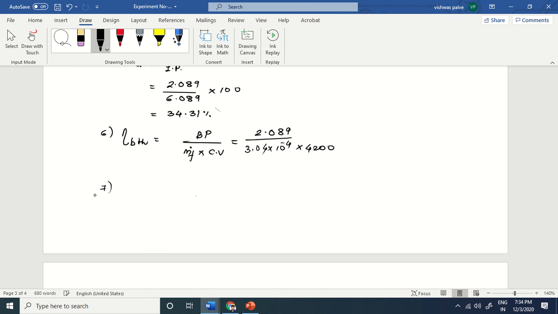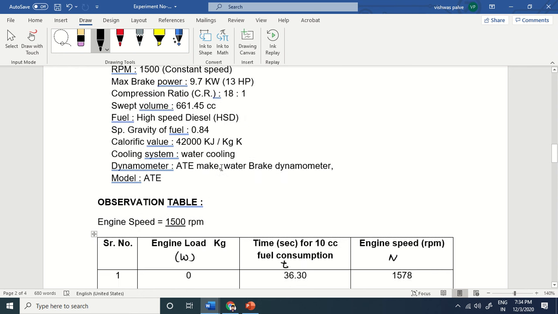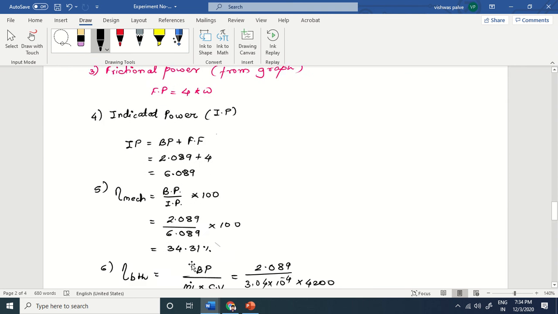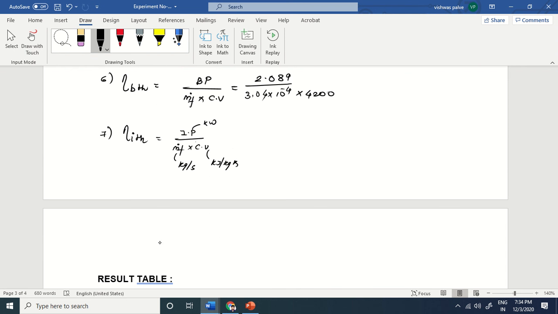Next is the indicated thermal efficiency. The formula is indicated power upon m dot f into CV. This value will be in kilowatt, this in kg per second, and this in kilojoule per kg Kelvin. So you have to keep the units in mind; we have to follow the same units. Now, how much is the indicated power for the second reading?